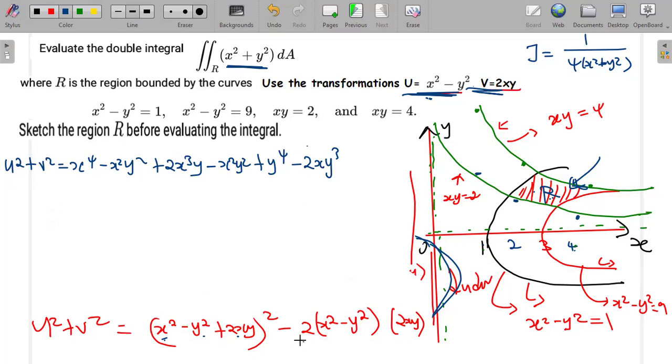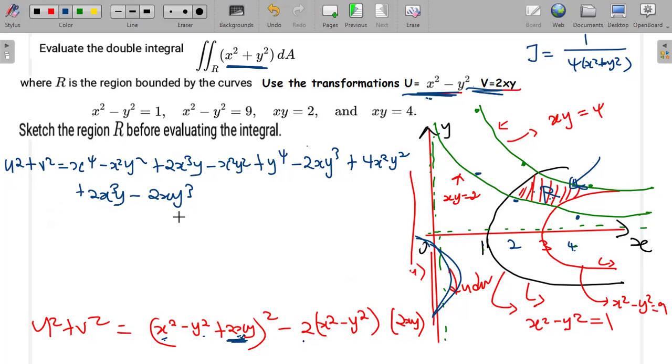Oh, no, I'm not done. I have to multiply this one with everything as well. So this one multiplied by itself, I'm going to get plus 4x squared y squared. And then this one multiplied by x squared, I'm going to get plus 2x to the power 3 y. This one multiplied by this, I get minus 2xy to the power 3.